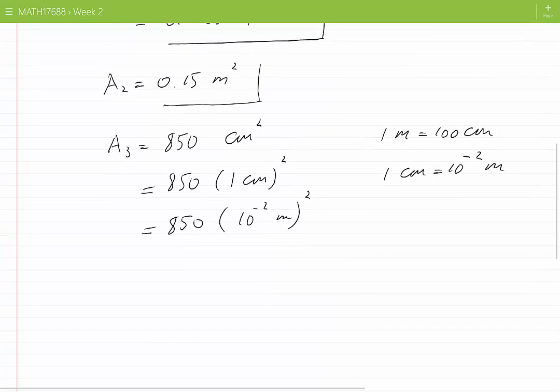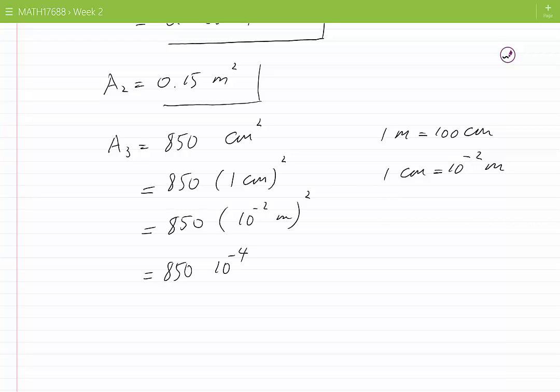And once again, I can write this as 10 to the minus 4 meters squared, which would be 0.085 meters squared. Therefore, the third area is also in the units of meters squared.